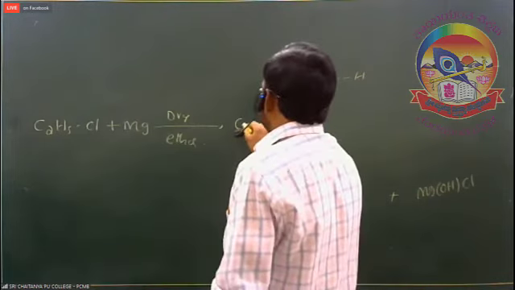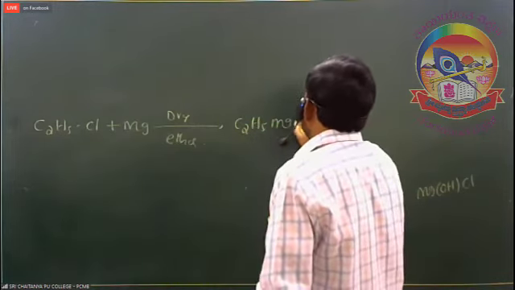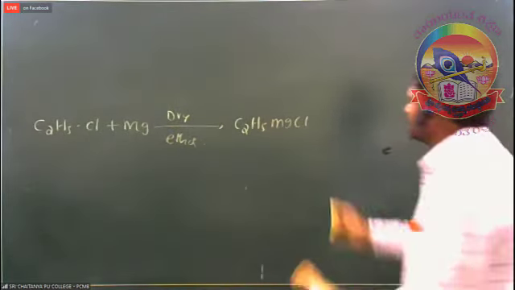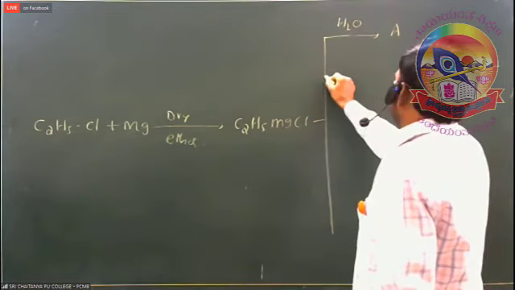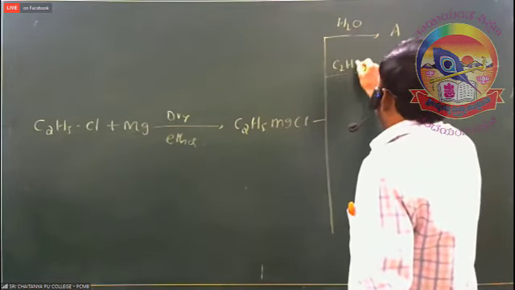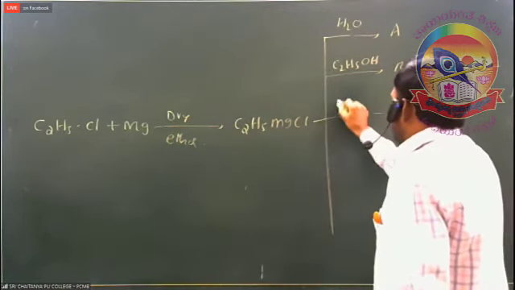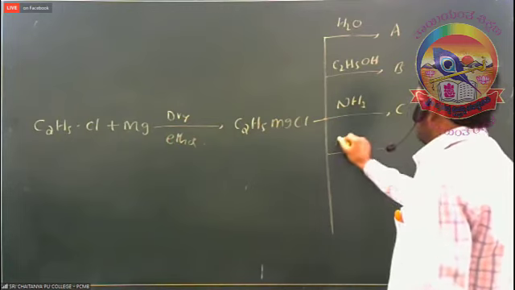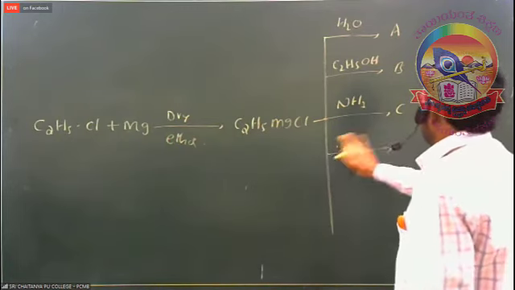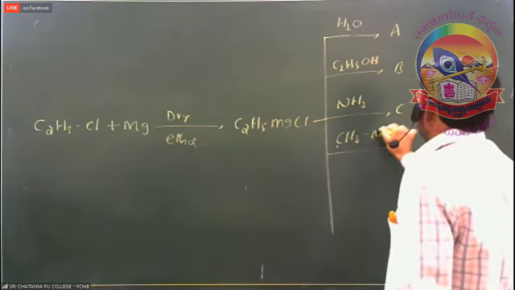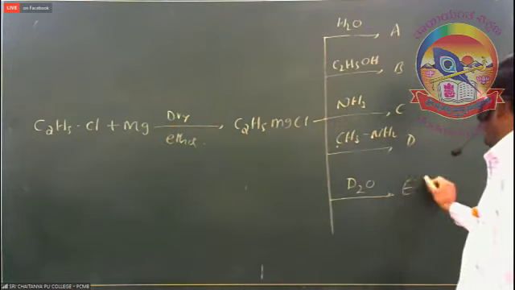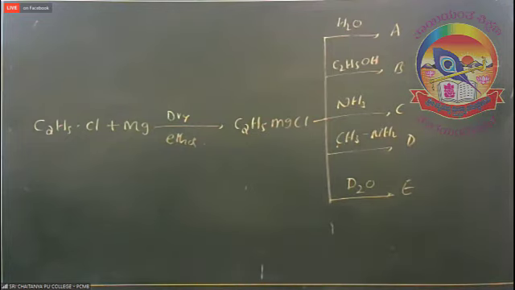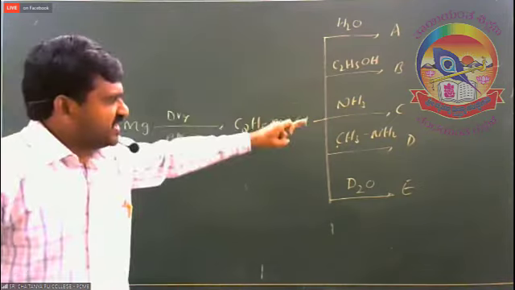The product formed is C2H5MgCl, or Br or I. This reacts with water, and the product formed is A. It reacts with C2H5OH, and the product formed is B. It reacts with ammonia, and the product formed is C. It reacts with CH3NH2, and the product formed is D. It reacts with heavy water, D2O, and the product formed is E. So write what A, B, C, D, and E are.